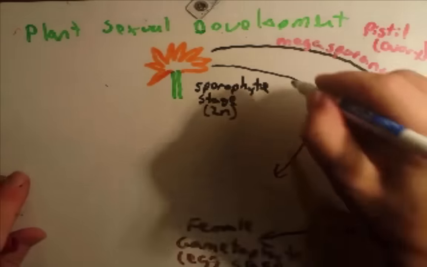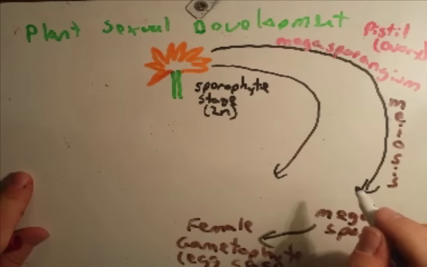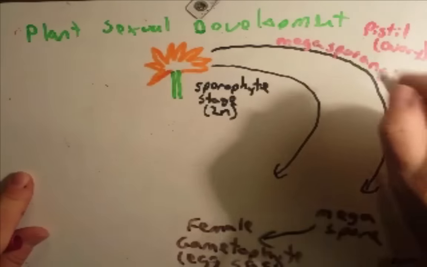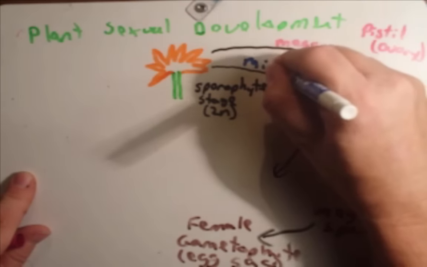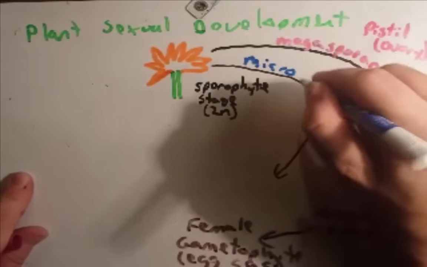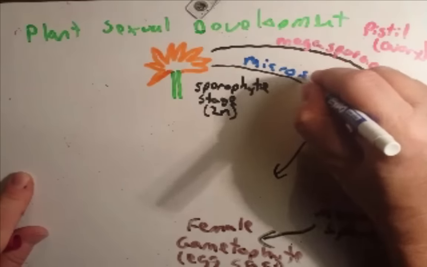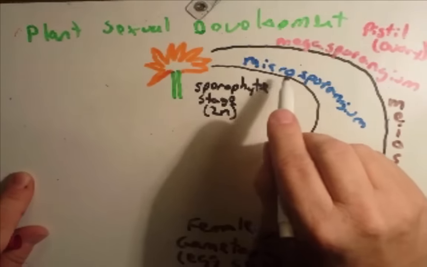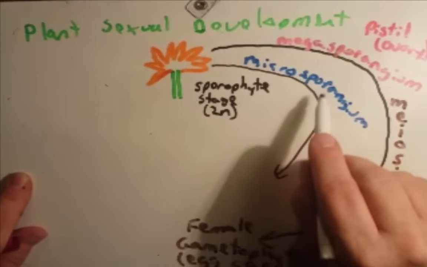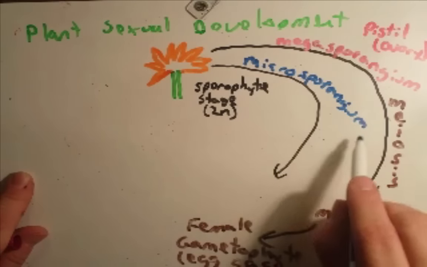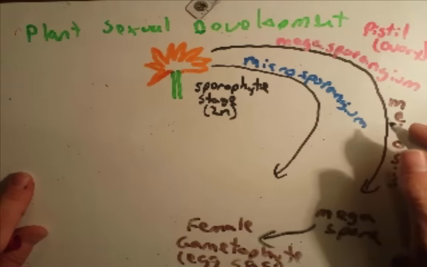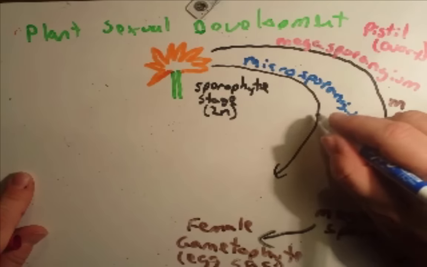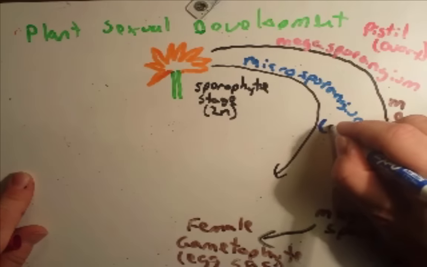Now within the male part of the plant, we will find the microsporangium. I'm going to do my best to write this without erasing everything I wrote here. That's microsporangium. This is what you will find here, as I said before, the male part of the plant, the stamen.